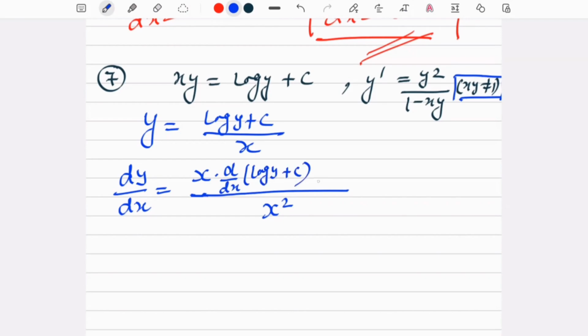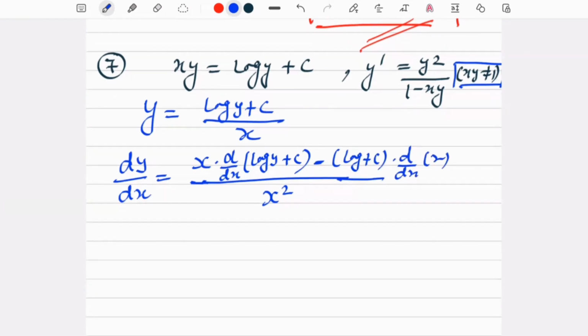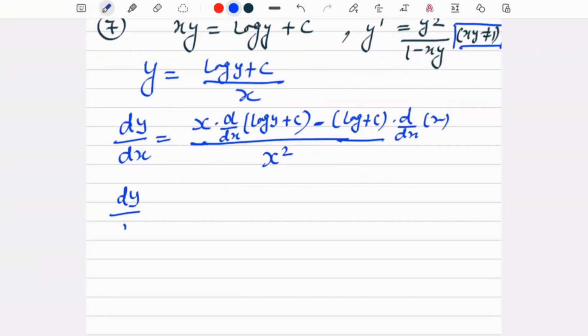Plus c, and then log y plus c into d by dx of x. So d by dx of x will be 1. So we will have dy by dx equal to what? x times. What is the derivative of logarithm y? Log y is 1 by y. It will be 1 by y, and c is a constant anyway, so it will be 1 only.